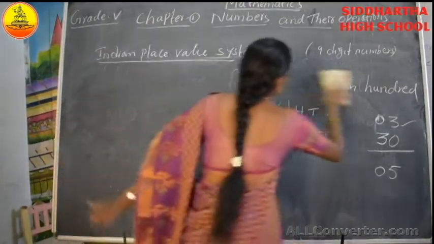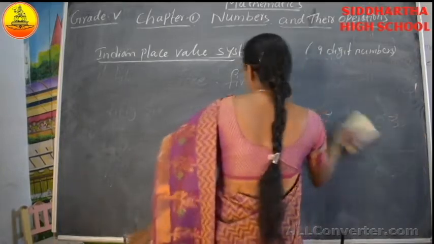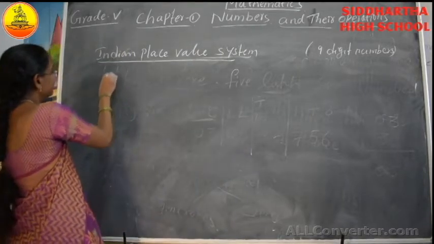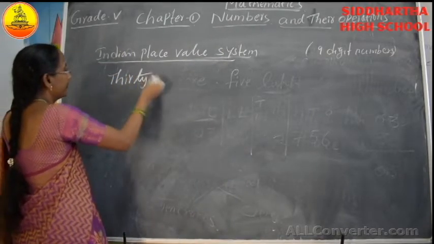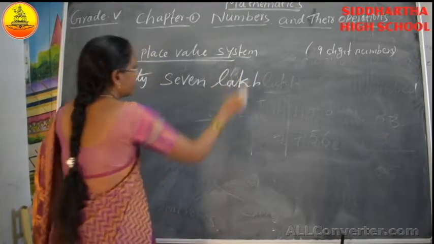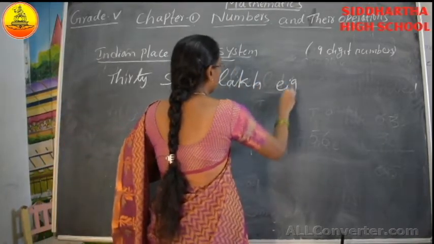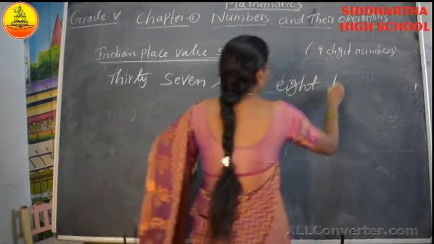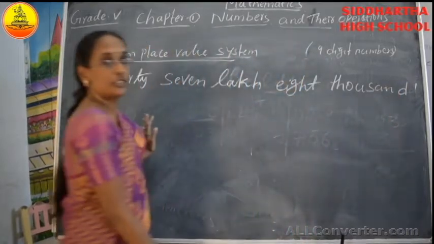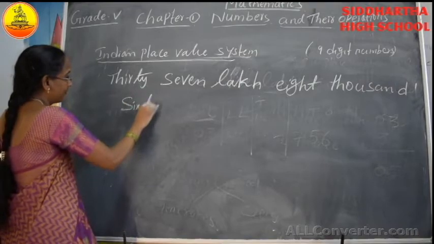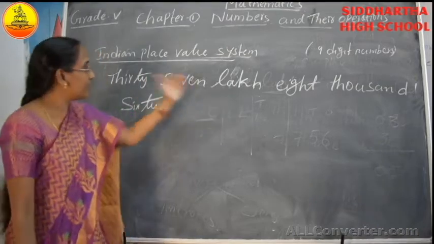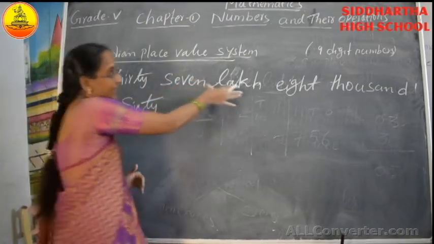One more example: 37 lakh 8,060. Here, which period is there, children? 37 is the number, lakh is the period.